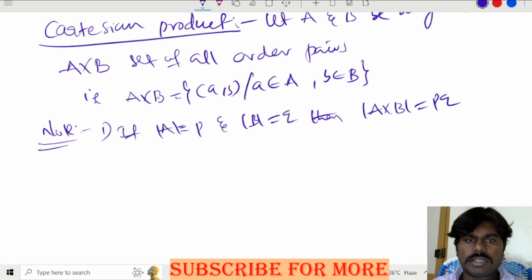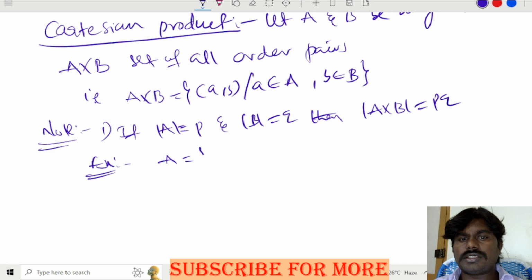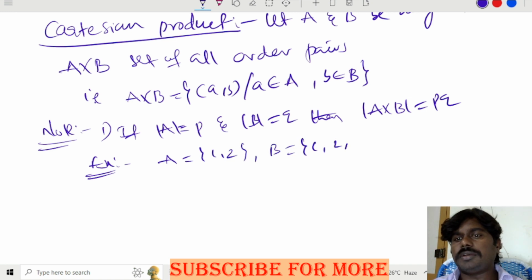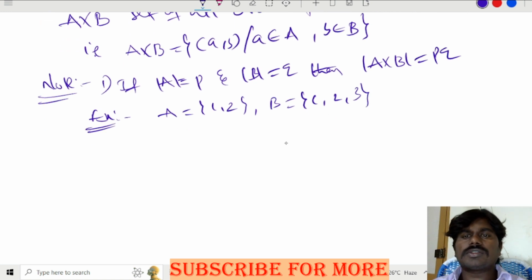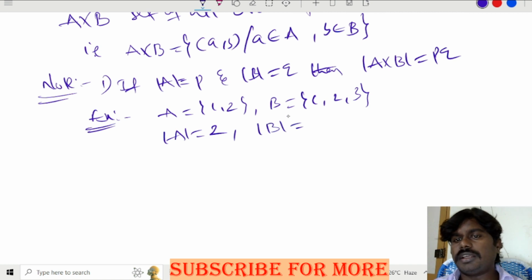Let us see this with an example. I am taking A equal to {1, 2} and B equal to {1, 2, 3}. Here mod A, the number of elements in A, is 2, and the cardinality of set B is 3.